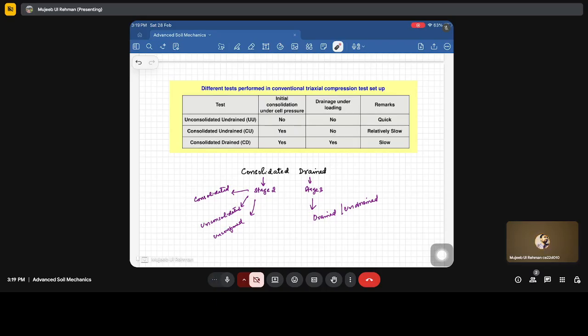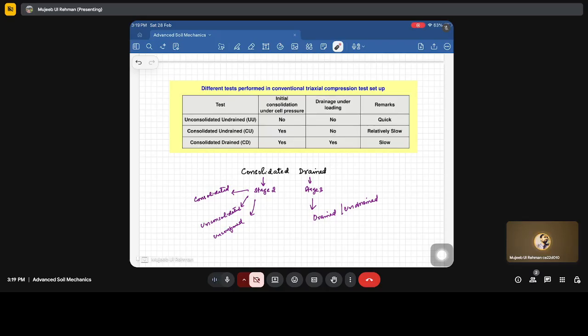In terms of the time taken for completion of the test, the UU test is a quick test, the consolidated undrained test is relatively slow, and the consolidated drained test is very slow. We have seen in the last week that the rate of loading affects the generation of pore water pressure.